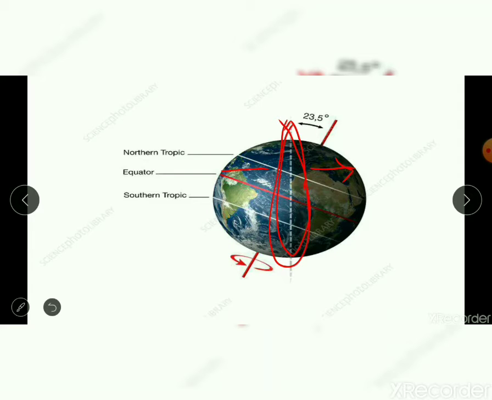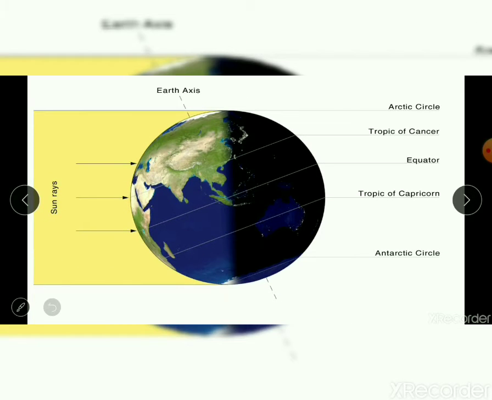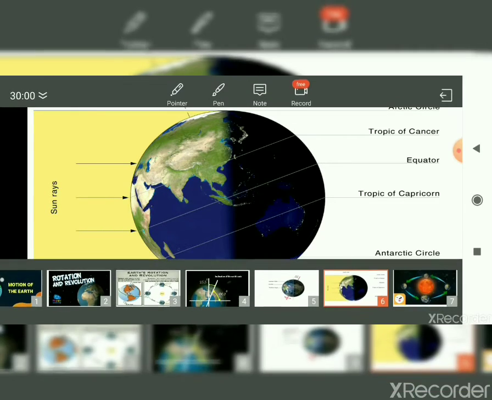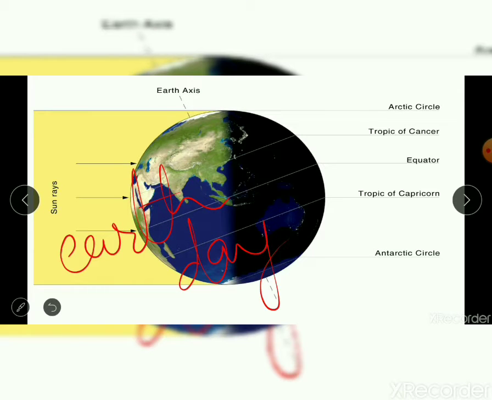This is our axis, and the earth takes about 24 hours to complete one rotation around its axis. Therefore, this period of rotation is known as Earth Day. The period of rotation around its axis is known as Earth Day.